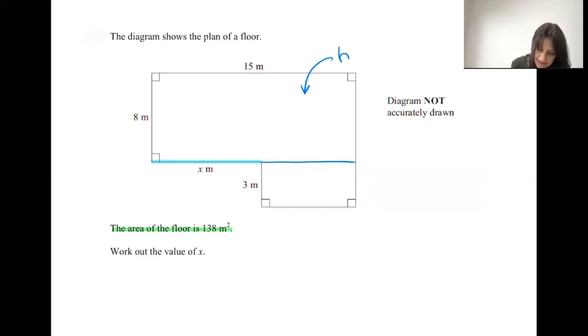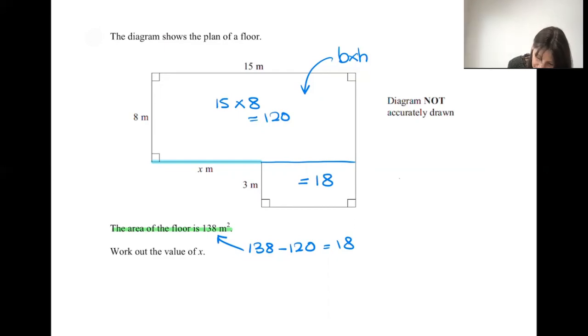Area of a rectangle is base times height. So I've got 15 times 8 to go in there. That is 120. I know the total shape, remember, is 138. So I'm going to do 138, take away the bit that I know, and that's going to leave me 18. So I now know that the area of this shape is 18.